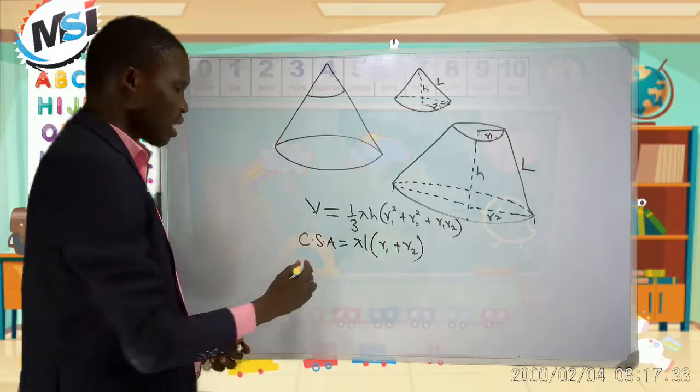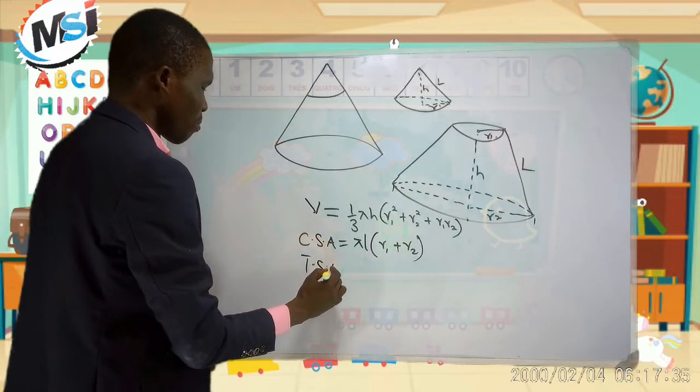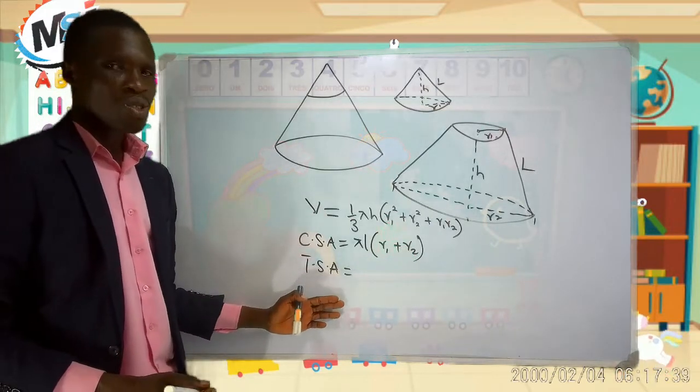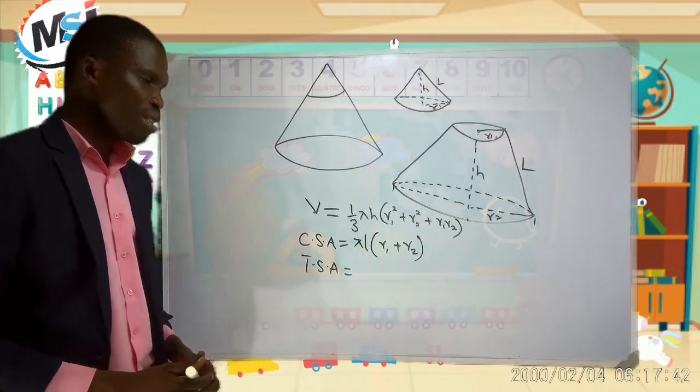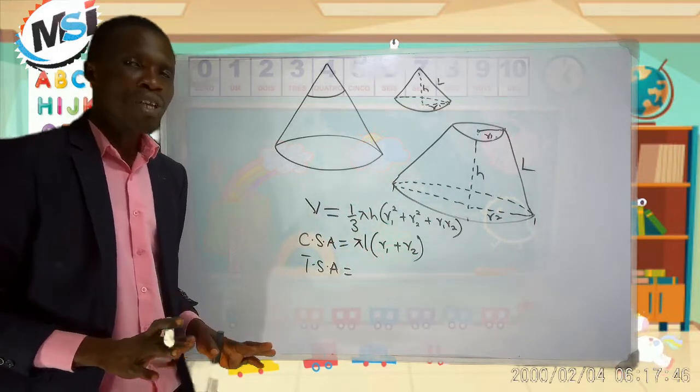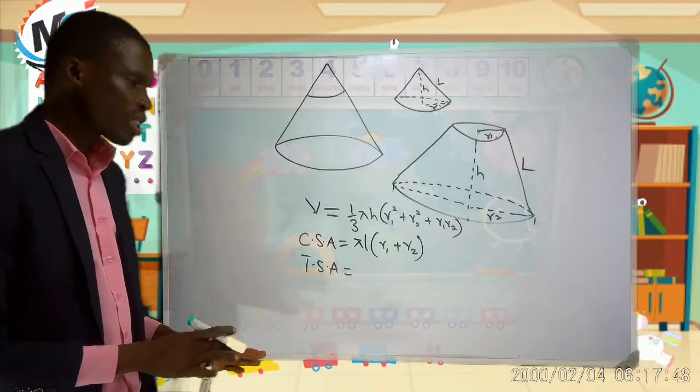Now the last one is called TSA. TSA is total surface area. This might be a little bit longer than the volume, but I want you to patiently look at this formula.